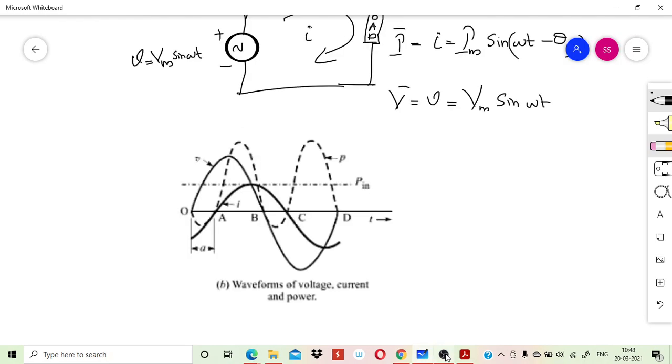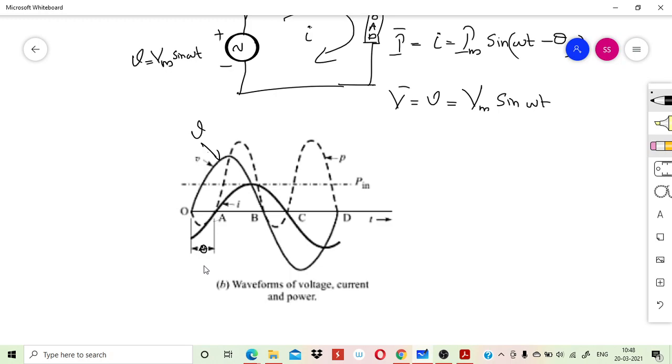So the various waveforms, that is, the voltage and current waveforms, will look like this. This is our voltage waveform. Instantaneous values are represented by small letter v, and the instantaneous value of current is represented by small letter i. The current waveform is lagging, which means it comes after the voltage waveform by an angle theta.